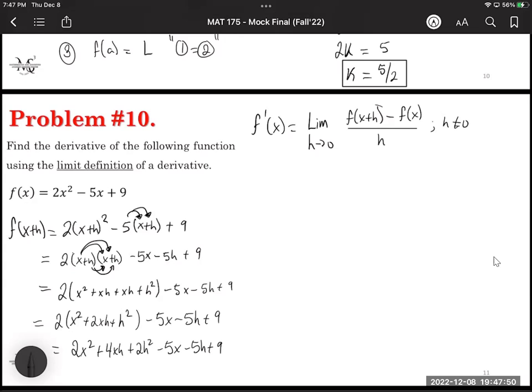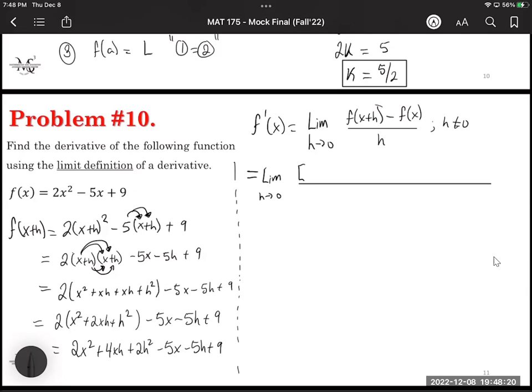Okay, now that I have the f of x plus h piece, I can go ahead and simplify the difference quotient. While I'm doing this, I'm going to write out my limit statement. So we have the limit as h approaches 0 of, in the numerator, I keep the f of x plus h terms separated from f of x using a bracket.